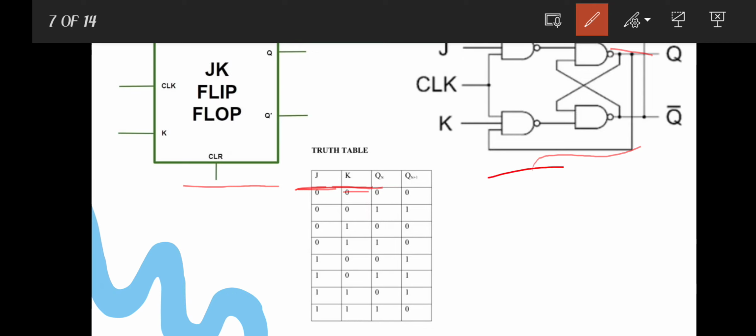In the logic circuit of the JK flip-flop, the Q output is connected back to the AND gate where the K input is applied, and similarly the Q bar output is connected back to the AND gate where the J input is applied.